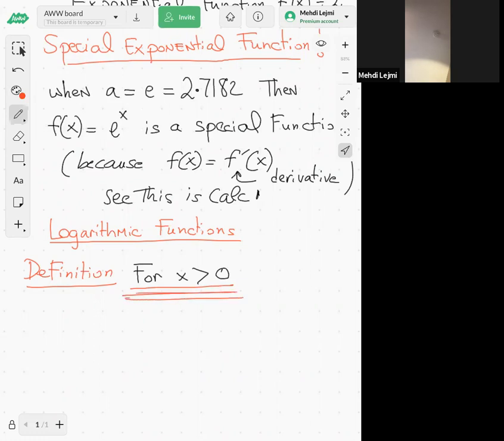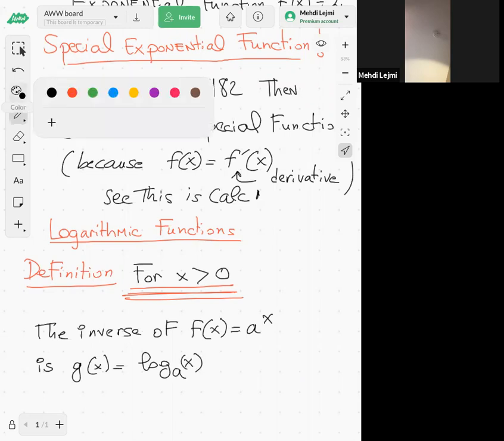For x positive, the inverse of f of x equal to a to the power x, the exponential function in base a, is by definition the function g, which is equal to the log in base a of x.